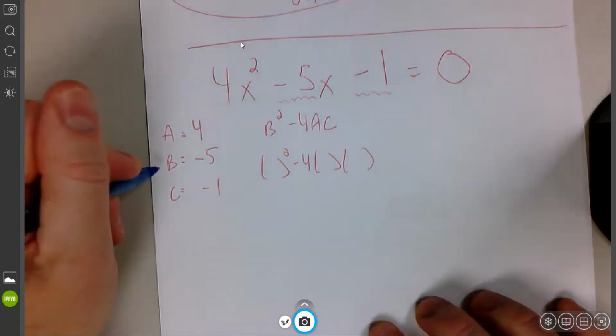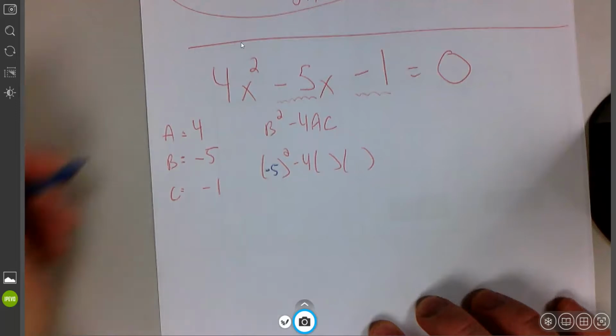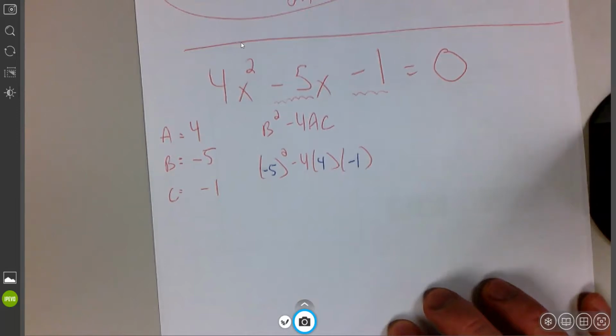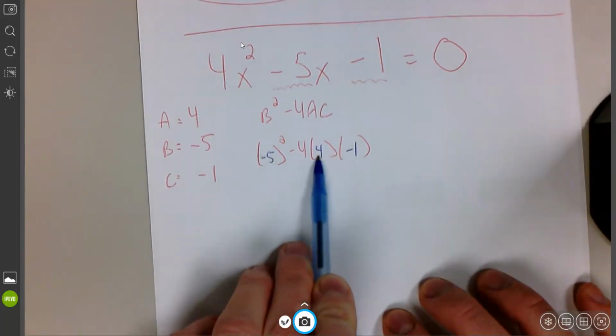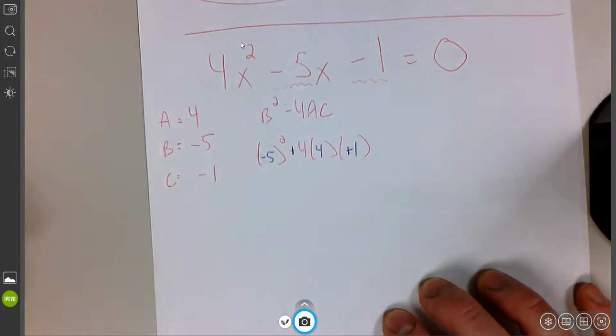Here, let me switch colors. So I can look over here and say, oh, well, b is negative 5, a is 4, and c is negative 1. Awesome. From my trick from my earlier video, we can count minus signs here. There's 2 minus signs, 2 negatives. So I can just make these both positive.